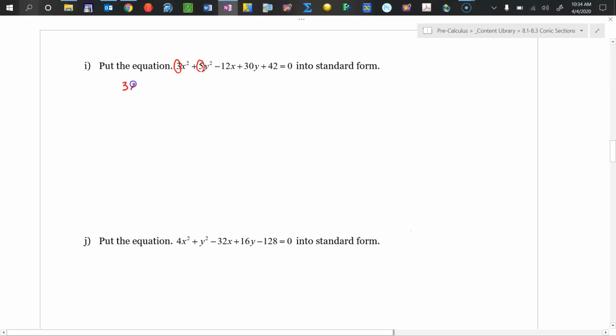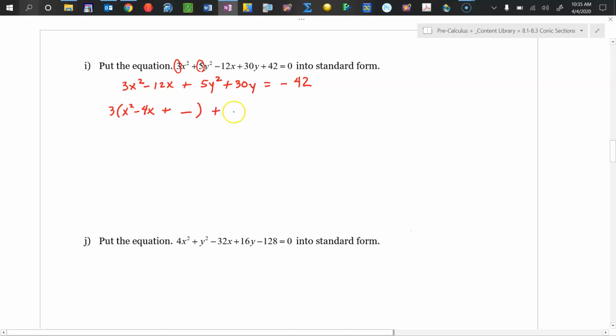We're going to start by grouping together all the x terms and all the y terms and moving the constants over to the other side. So we're going to put the 42 over on the other side. The next thing we're going to do is factor a 3 out of the x terms and get x squared minus 4x plus whatever we're going to put in to complete the square.